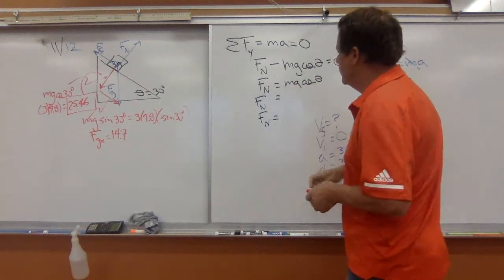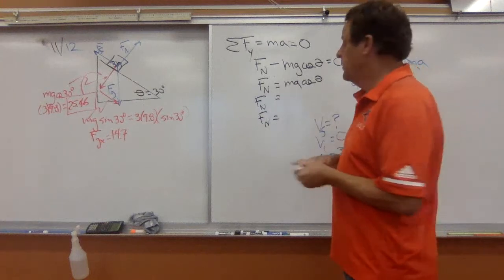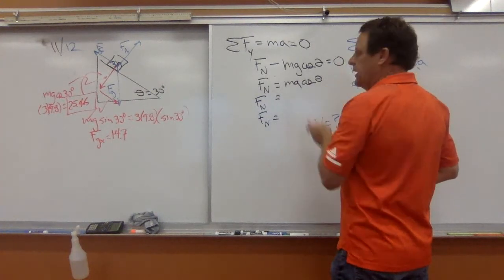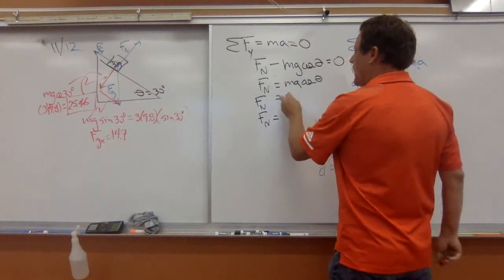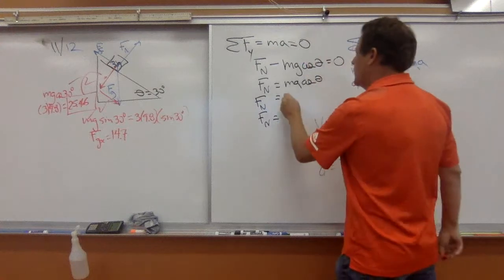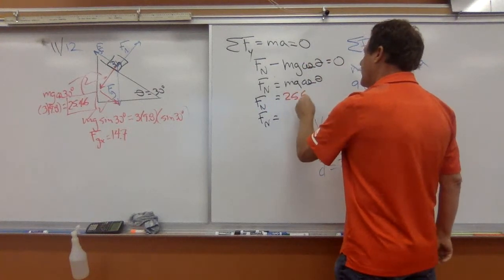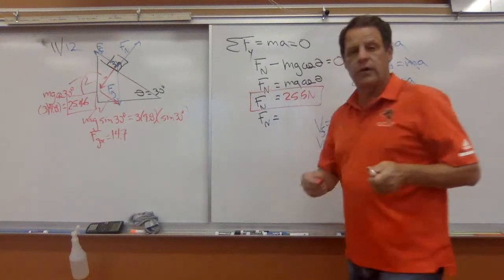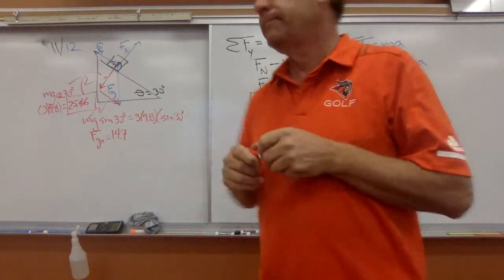We already plugged in mg cosine theta as 25.46. We'll call that 25.5 newtons. That is going to be our normal force.